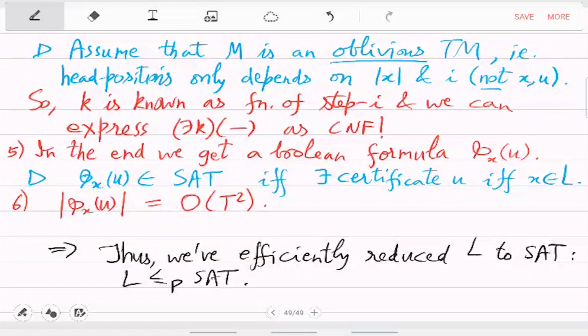So, any problem in NP reduces to SAT, and that is what we promised to prove.